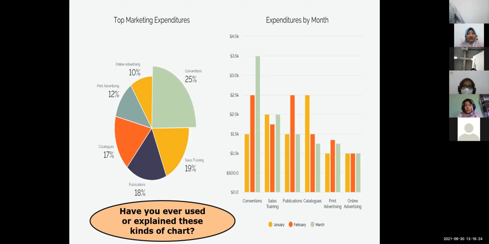We can just show the chart, the picture, and we can understand. For example, in this chart we know that the most effective marketing is the conventions because it has the biggest number, and the least effective is online advertising.